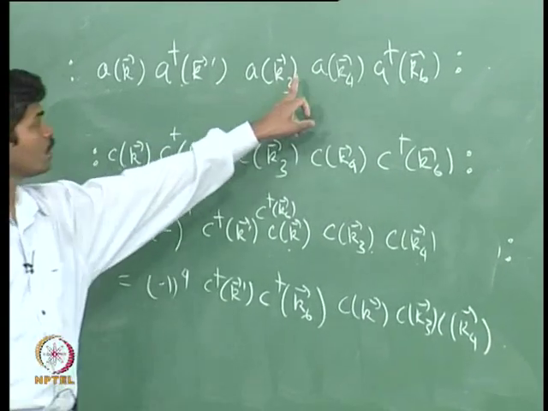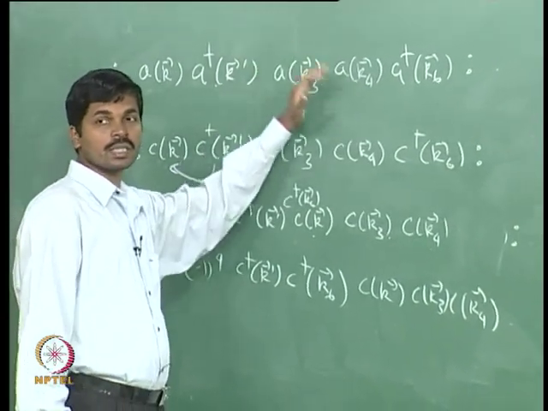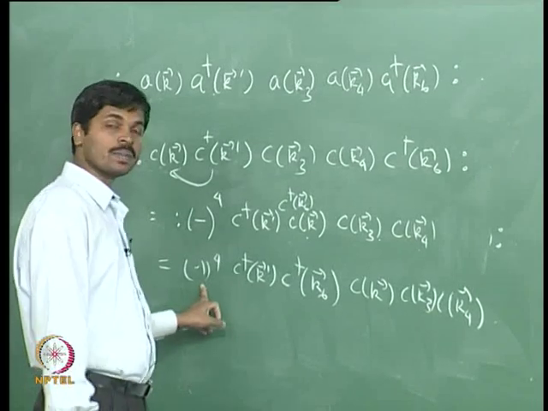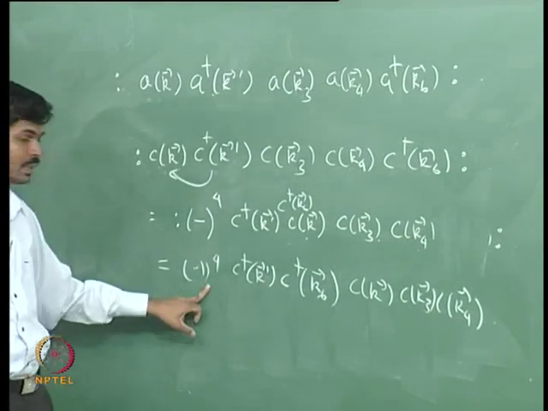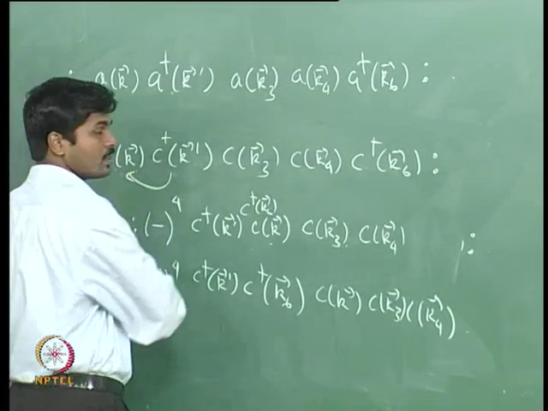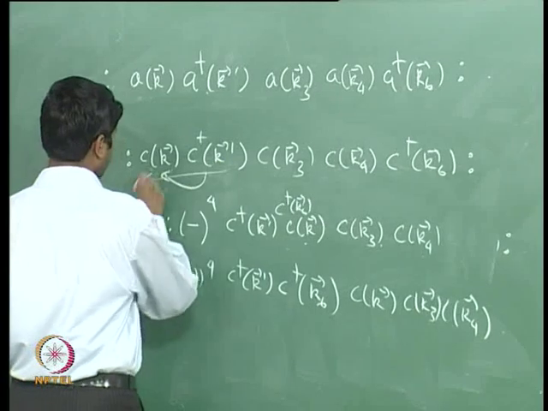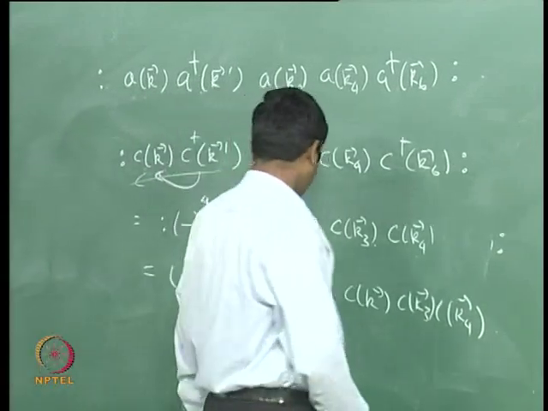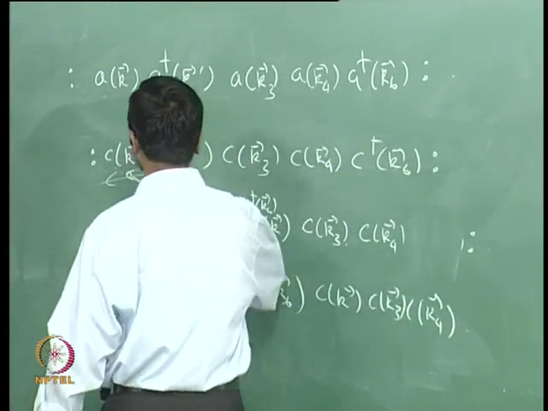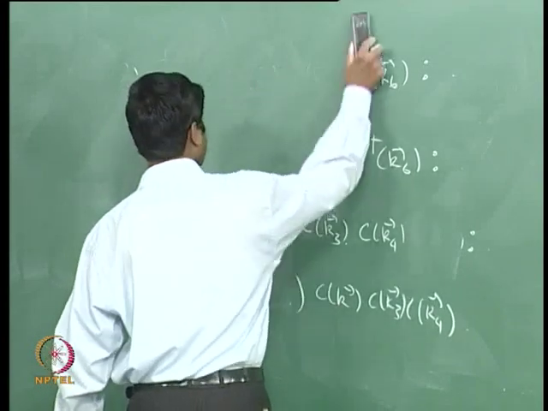If there was one more operator here, then for the bosonic fields it would not make any change, but for the fermionic field it will gain a minus sign. So you have to keep track of these minus signs also. If you cross this operator once, then it will have a minus sign. That you need to be careful about when you do the normal ordering.